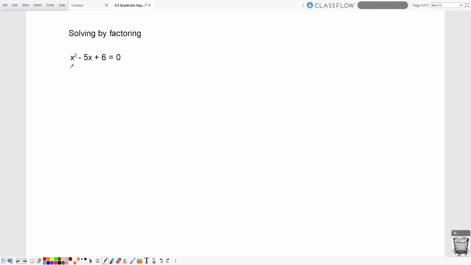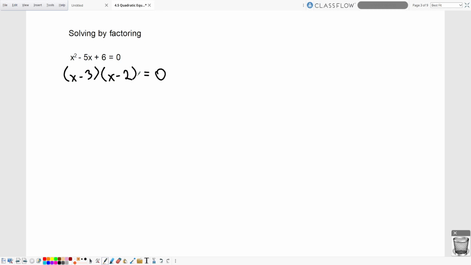First thing we want to do is just factor our case 1 quadratic. So we're going to end up with two sets of parentheses, and that's going to be equal to 0. So case 1, I look at my c value, what multiplies to give me 6, adds to give me my negative 5. Well, negative 3 and negative 2 work, so x minus 3, and then x minus 2.